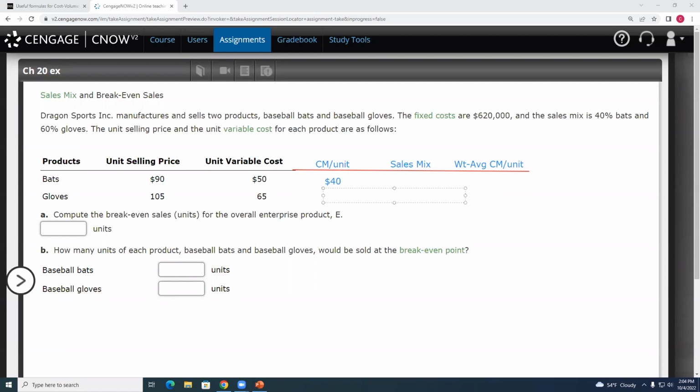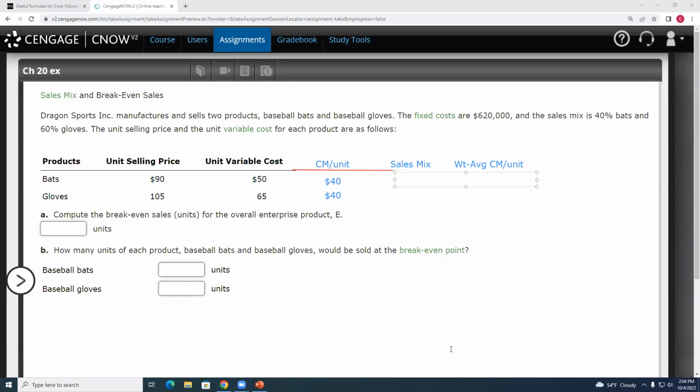And then for gloves, oh yeah, this is a really bad example, and I apologize. I actually saw this last semester and I meant to swap out this exercise. Just bear with me. This is just a terrible example, but we're going to have to deal with it because it's what's in here.